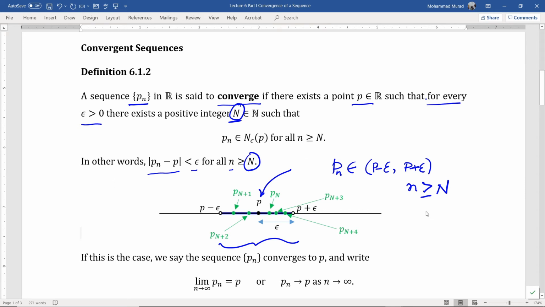If this is the case, we say the sequence of the terms p sub n converges to the number p, and write by using this symbol.